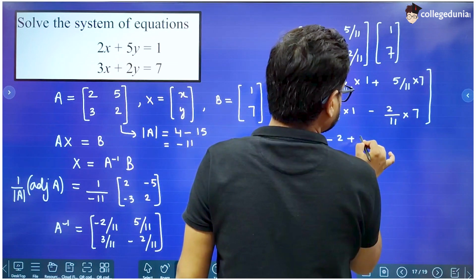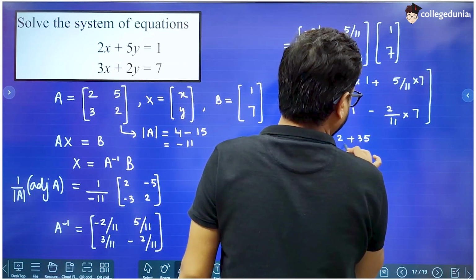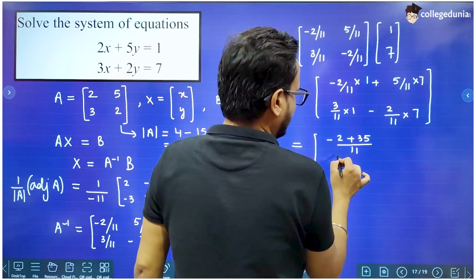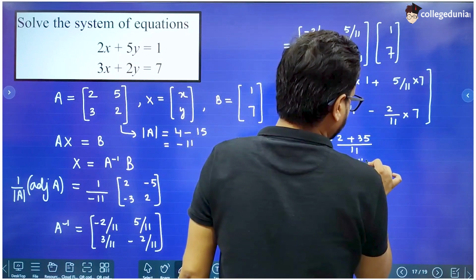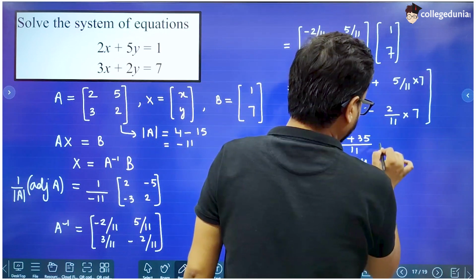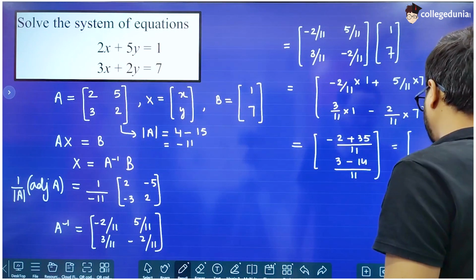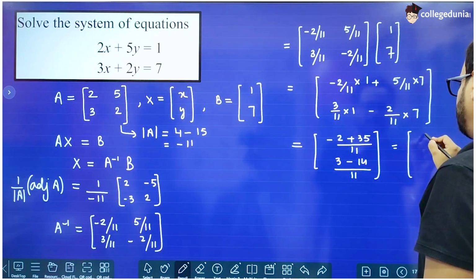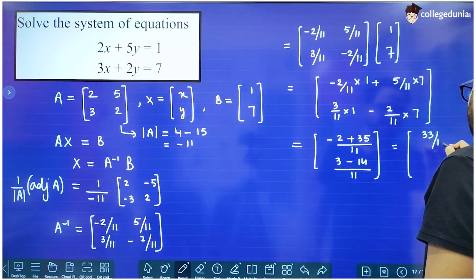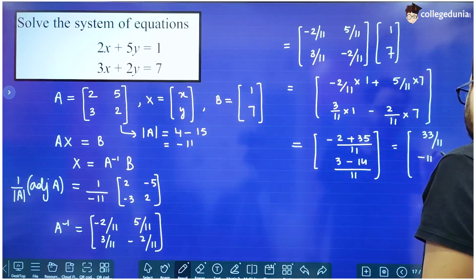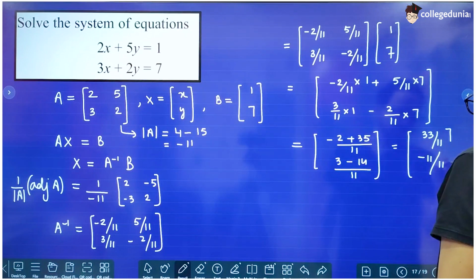Minus 2 plus 35 by 11 and 3 minus 14 by 11, which is 33 by 11 upon minus 11 by 11.